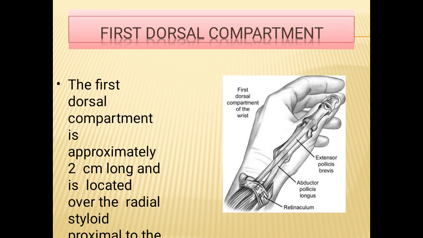So where exactly is it located? On surface anatomy, it is approximately 2 centimeters long and is located over the radial styloid process, proximal to the wrist. There is a problem in this slide. Actually, it's proximal to the wrist.